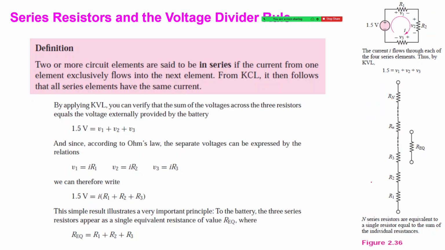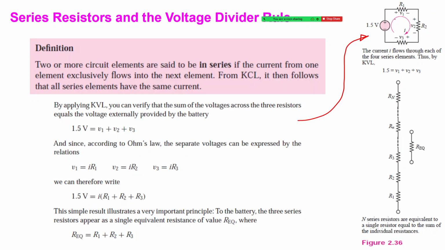Okay, and by applying KVL, we can verify that the sum of the voltages across the resistors equals the voltage externally provided by the battery. Right? Let's see this figure. All the resistors are connected in series, right?